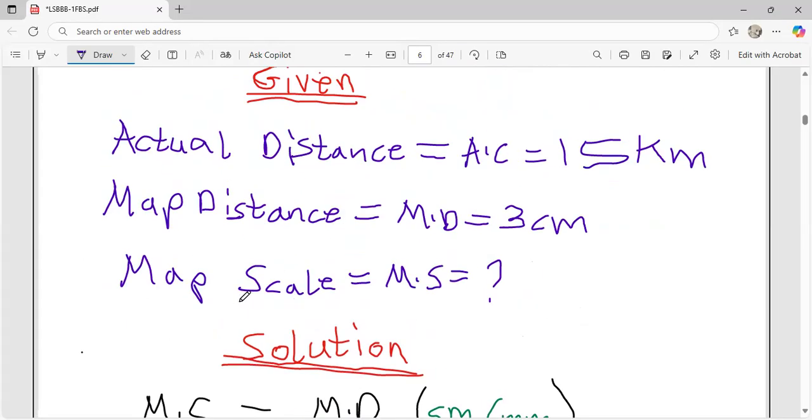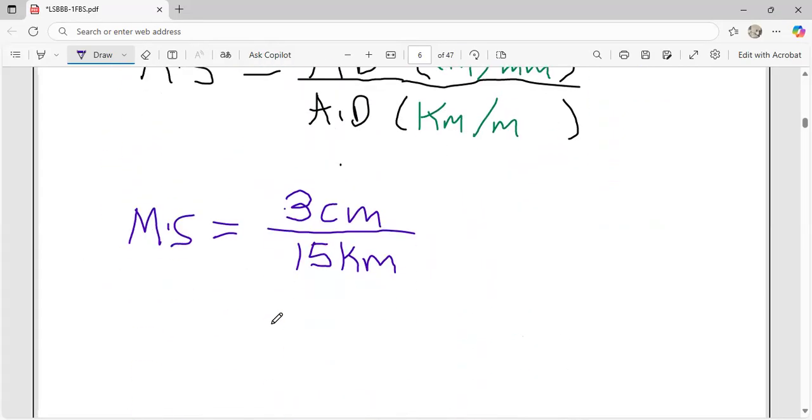The question said we should find the map scale. Before we can find the scale, a scale is supposed to be a ratio and it has no unit. But these two values have units attached, which means that before we can find our map scale, we have to let these units cancel each other so that we get our value unitless.